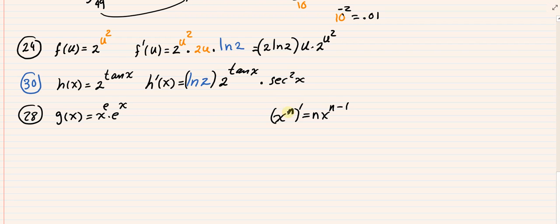It can be any real number. Okay, so the first product, x to the e, we're going to use the power rule of derivatives in that. So it's going to be e x to the e minus 1 times e to the x. That is, we have to use the product rule, of course. So I did the derivative of the first by the second plus first times the derivative of e to the x, which is itself.